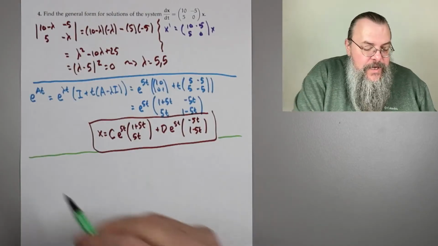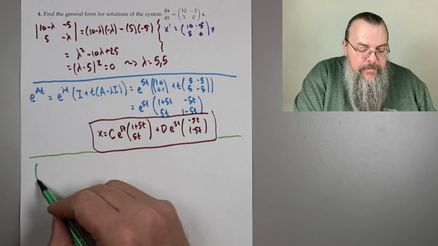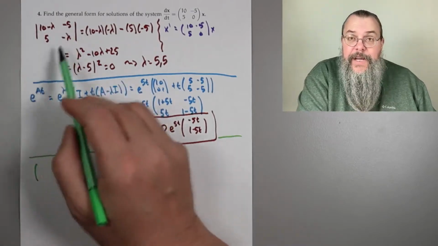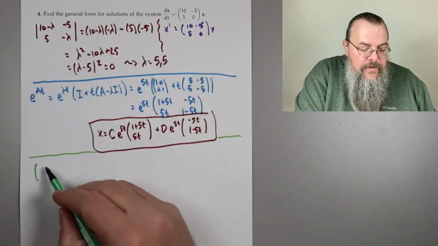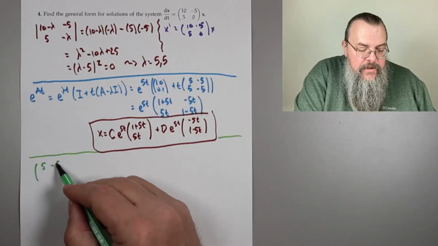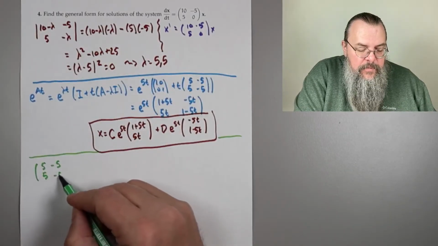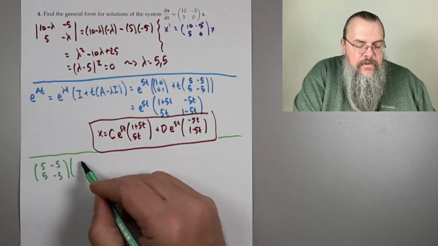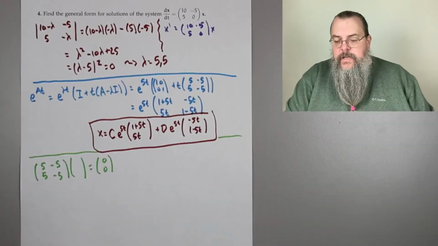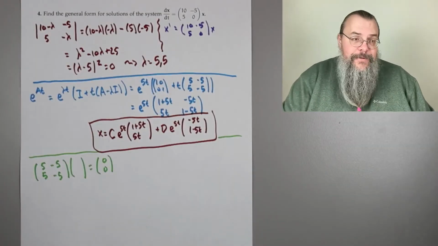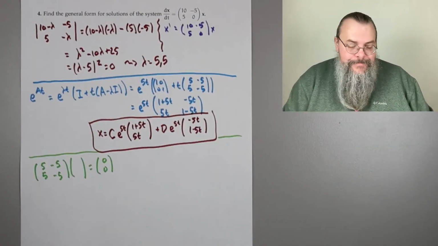Okay, so we're going to start by writing our A minus lambda I. So we have our A minus lambda I, and we put in, of course, our lambda is 5. So 5 minus 5, 5 minus 5, times something, and we want to get 0, 0. Okay, do we know something that works?